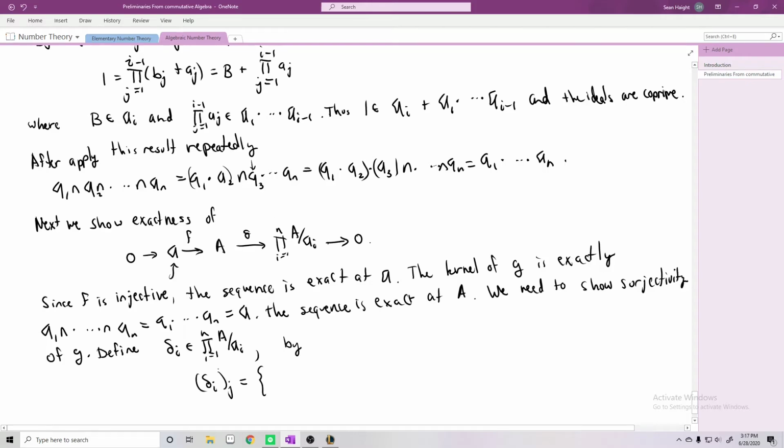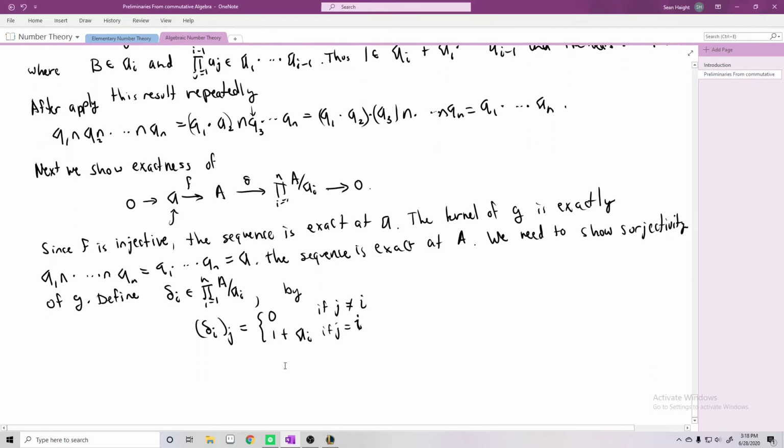This is a product, and it has n different components. The jth component is either going to be 0 or 1 plus a sub i. If j is not equal to i, it'll be 0, and if j is equal to i, then it'll be 1 plus this thing.